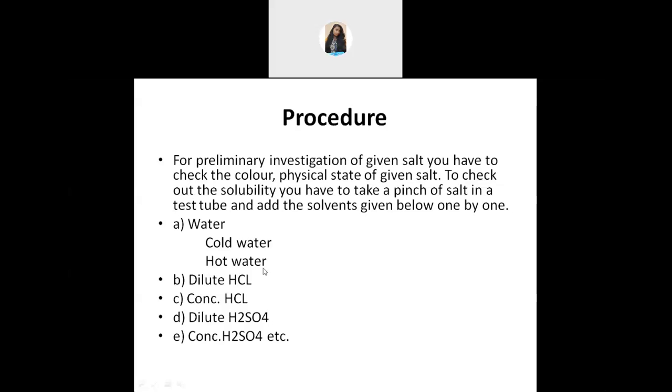Got it? So many solvents are there. So first you can test with these solvents only. If some salt is not dissolving in these solvents, then we will give the other solvent. So don't worry, the salts which will be provided will dissolve in these solvents only.